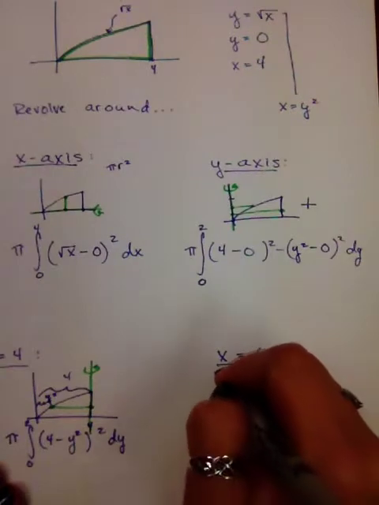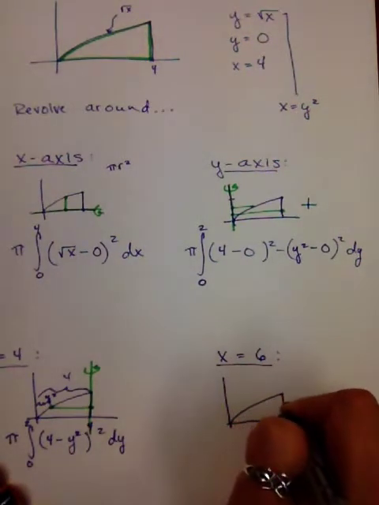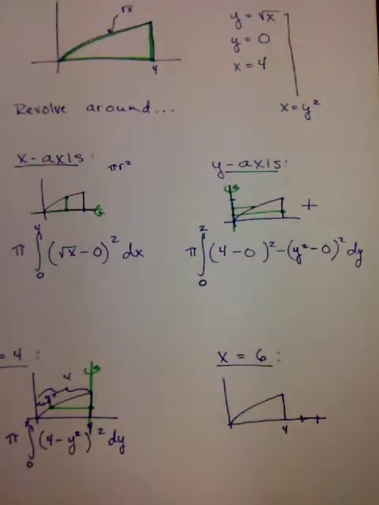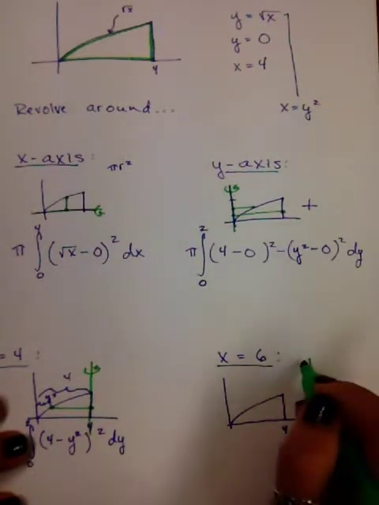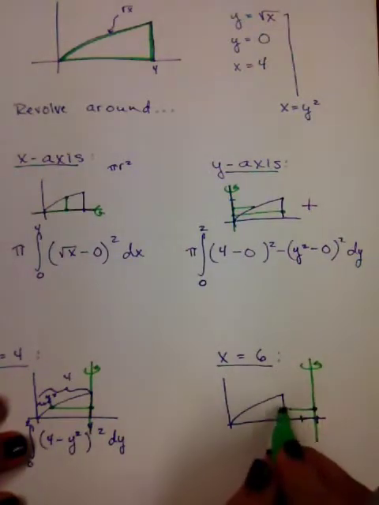For the next problem, same shape, all the way out to x equals 4, but we are spinning it around the line x equals 6. So that is out here. That's our axis of revolution. I'm going to start my first radius here, go to the outer edge of the figure, and you can see I hit a line along the way.